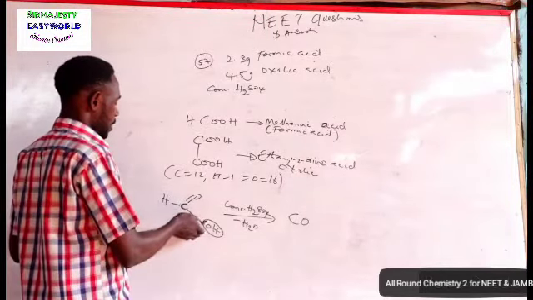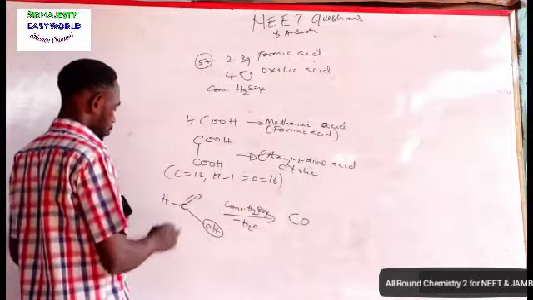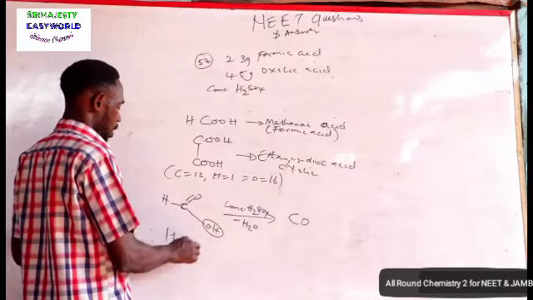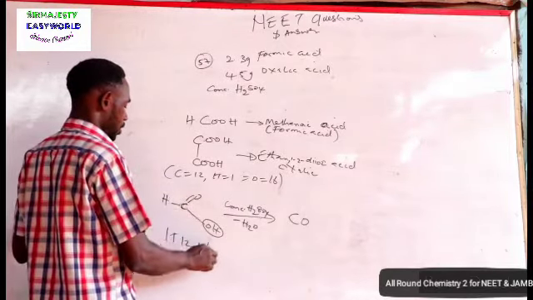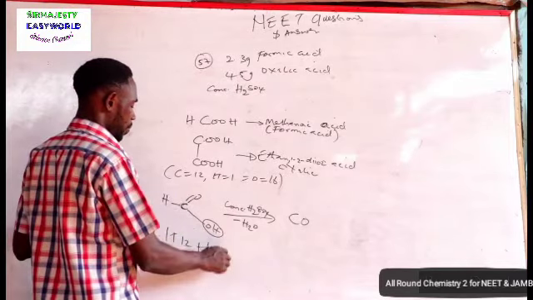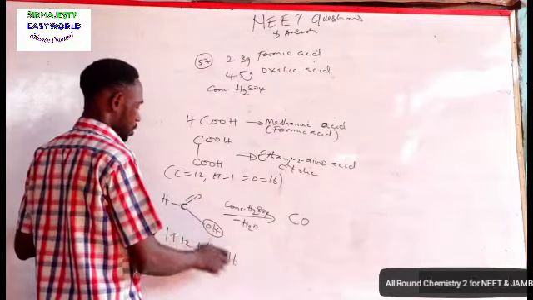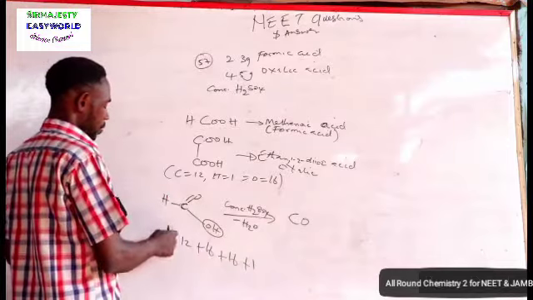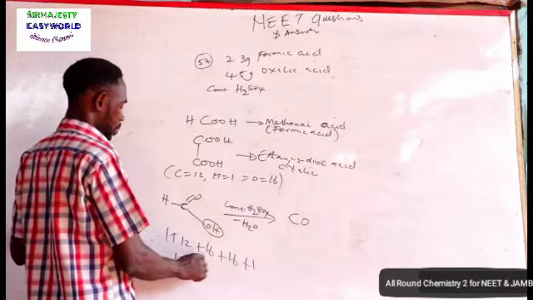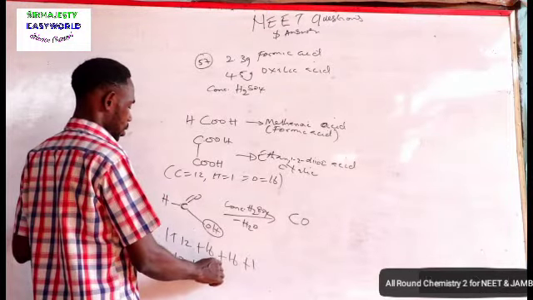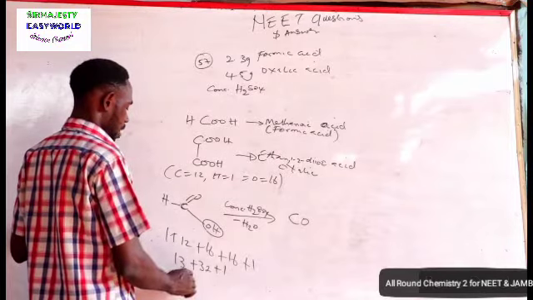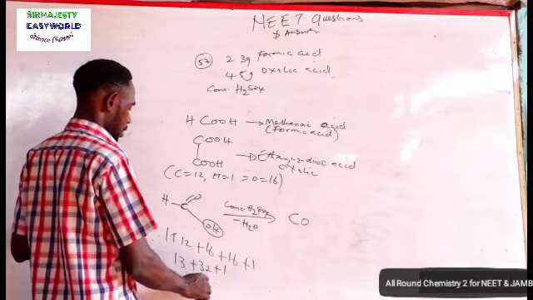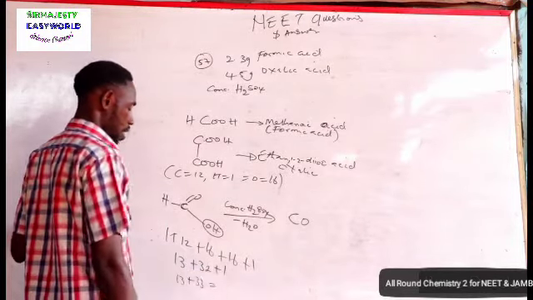So we take the molar mass. Hydrogen is 1. Molar mass of formic acid: 1 plus 12 for this carbon, plus 16 for this oxygen, plus 16 again for this oxygen, plus 1. So what we have here is 13 plus 32 plus 1, such that we have 13 plus 33. What do we have here?